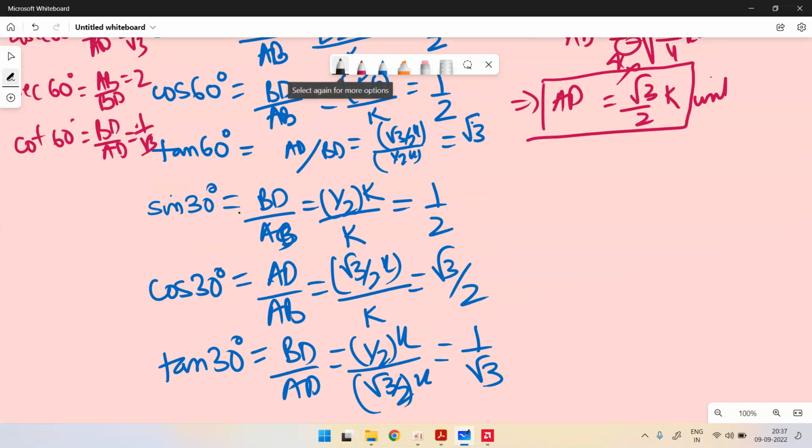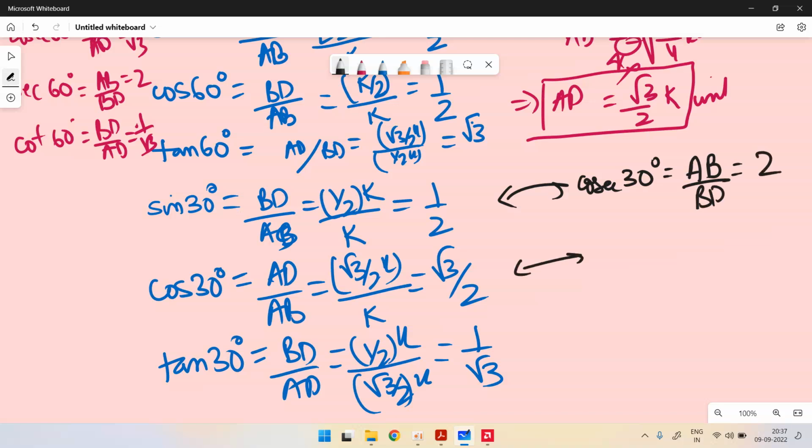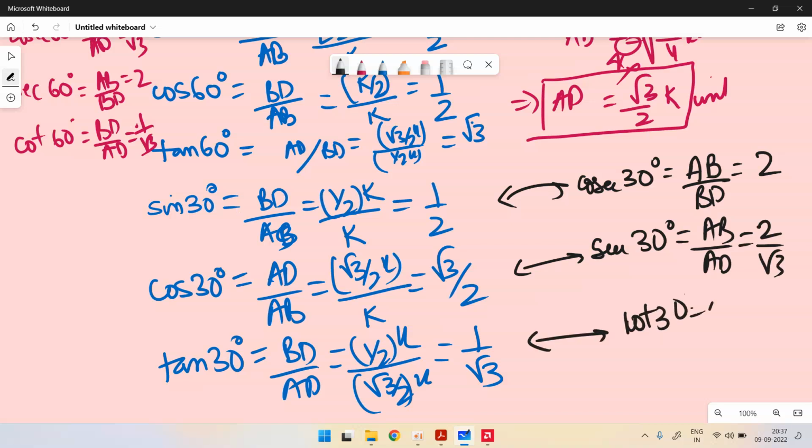Now if you take the converse, cosec 30 is AB by BD, nothing but 2. Secant 30 is AB by AD, nothing but 2 by root 3, and cot 30 is AD by BD, nothing but root 3.